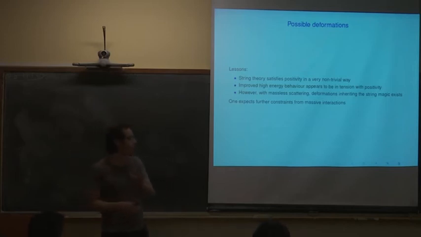Of course, I didn't discuss it in that fashion because if you look at the masses, our linear spectrum already grows very fast. But one of the reasons why it's very non-trivial is that there's really a tension between good high energy behavior and positivity.